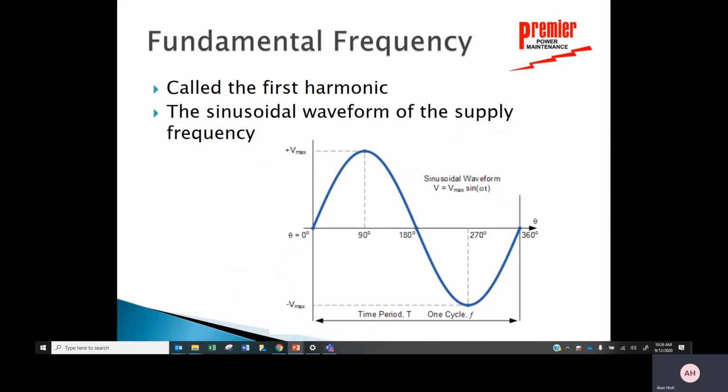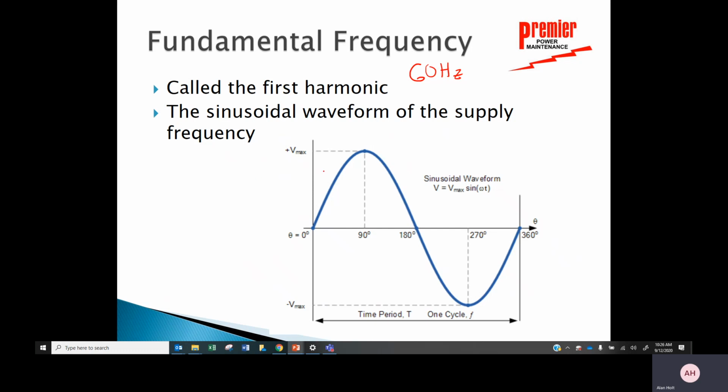Now, if I look at the world as I want it, I like this fundamental frequency. In my world, that fundamental frequency is 60 hertz, 60 cycles per second. That's what I want, and that's what the utility is going to provide to our customers: a sinusoidal waveform. That's the supply, the frequency we want.